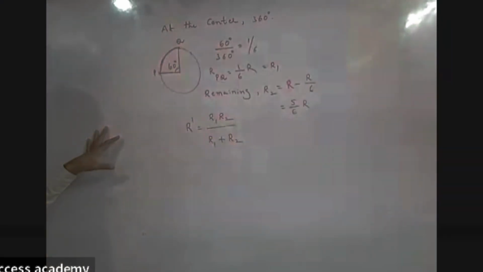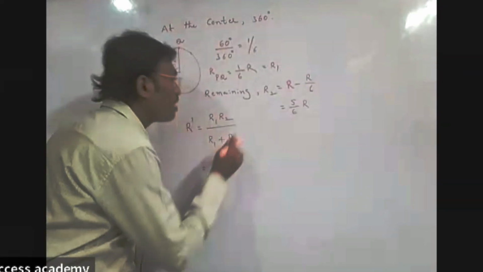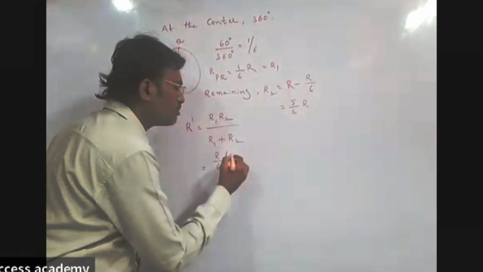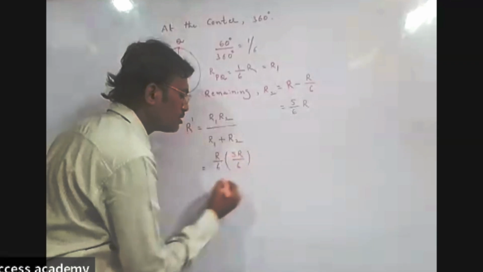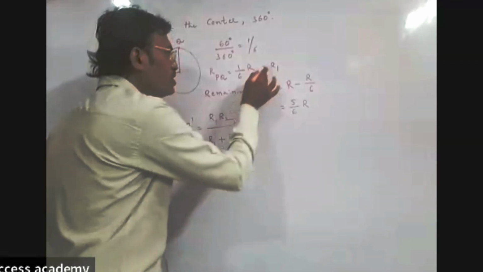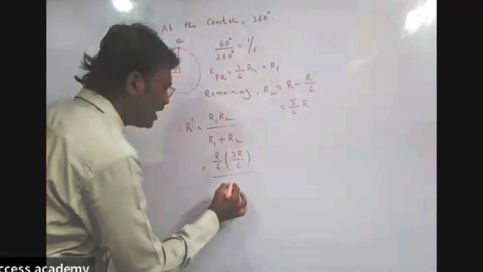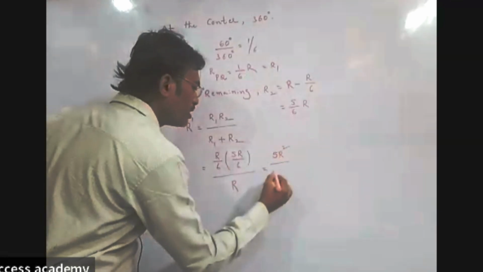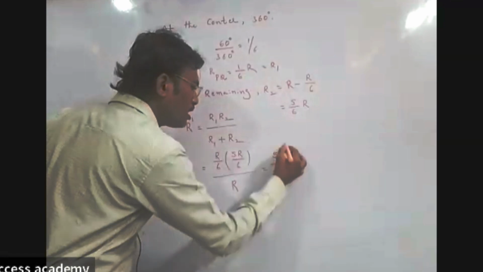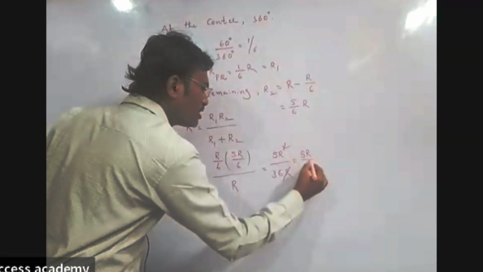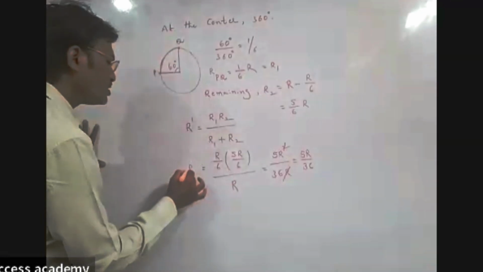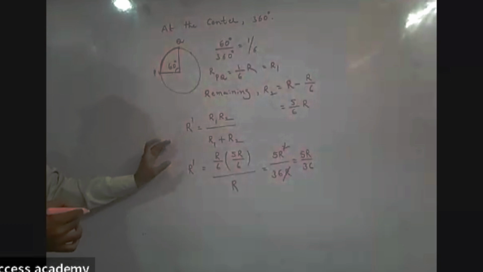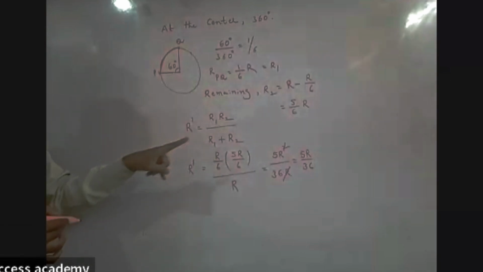Now R1 is R/6 and R2 is 5R/6. If R1 and R2 are added, you will get R. That is equal to 5R square by 36R. R gets cancelled, so 5R by 36. This is R dash. At the center, for the 60 degrees, the effective resistance R dash is 5R by 36.